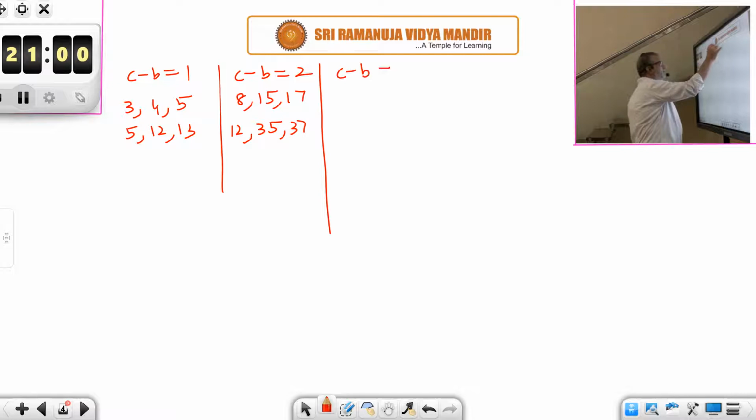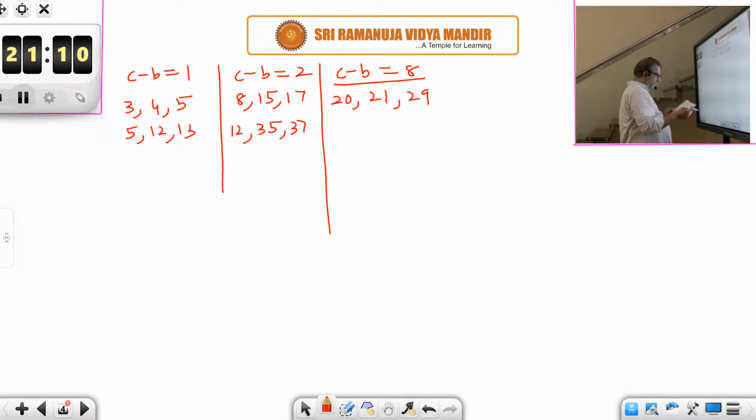C minus B is equal to 8. At the top of the list 20, 21, 29. Afterwards, what is the second one? Second one is 28, 45, 53.